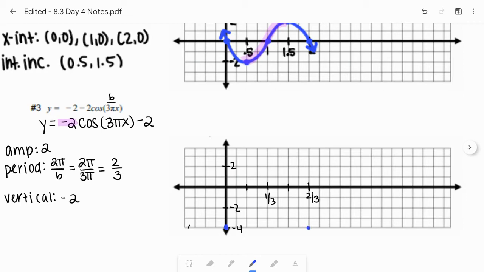So I'm going to end this period at 2/3. Then I usually reach my minimum. So in this case, since it's reflected, it's our maximum right in the middle. And I know my maximum is going to be at 0. So then in between, I'm going to be right in the middle at where normally 0 would be. And since we are moving down 2, we are at negative 2. Okay, so if I connect my points, our graph will look like this.